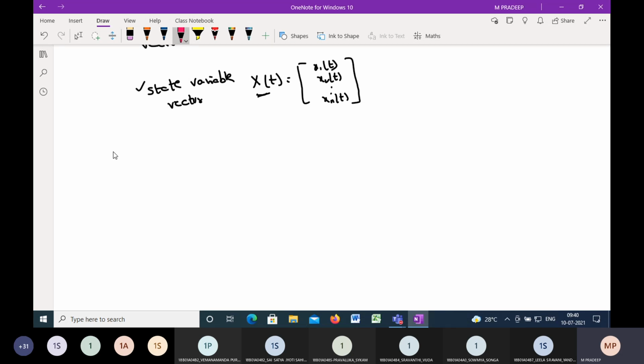Then we will see how the system is represented. The state-based representation of a control system has three kinds of variables: the input variable, output variable, and state variable.